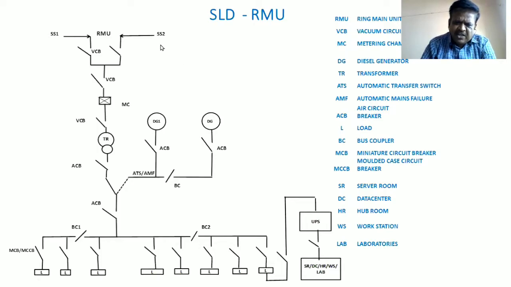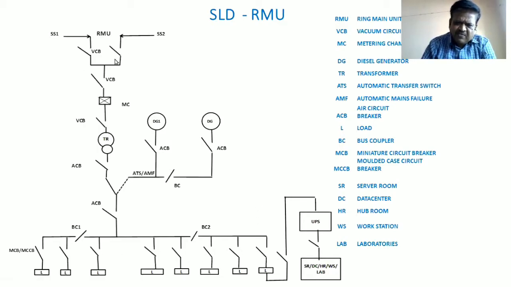For example, if the power is being supplied from KR Puram, this breaker, this is VCB, vacuum circuit breaker, is closed. Then this is the metering chamber, this VCB is closed, and this is the transformer, this is ATS, and the power is being distributed to different sections through breakers.